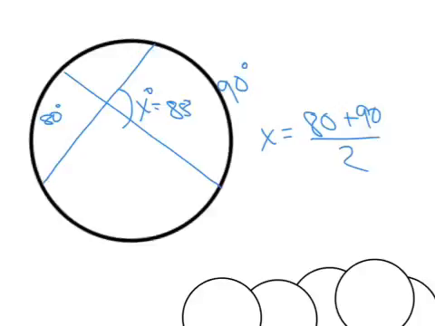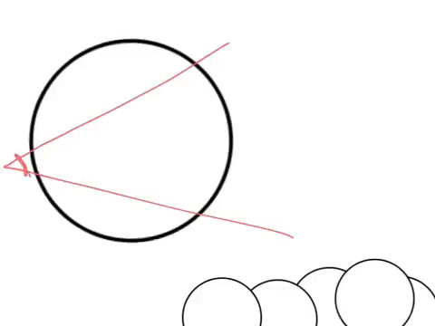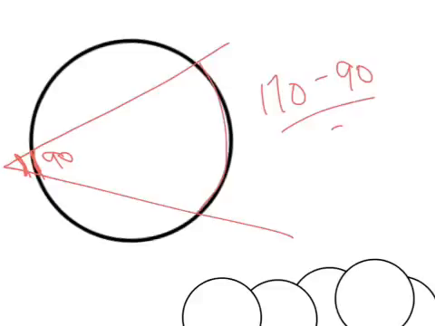We also did something like this. And if you wanted to find this angle right there, you took this being 90, this part here, and this part out here being 170, and you did 170 minus 90 over 2.